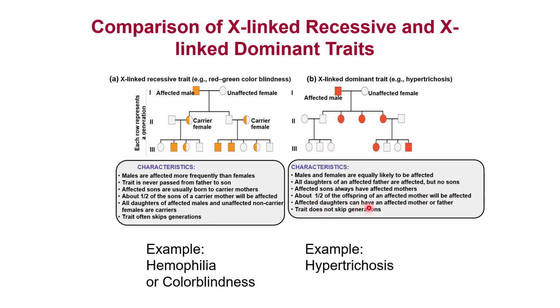Affected daughters can have an affected mother or father depending on the dominance of that trait. And this trait does not skip any generations. And with that, we will conclude our topic on inheritance patterns.